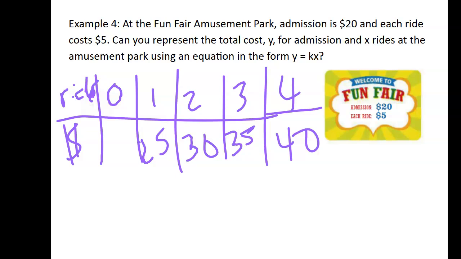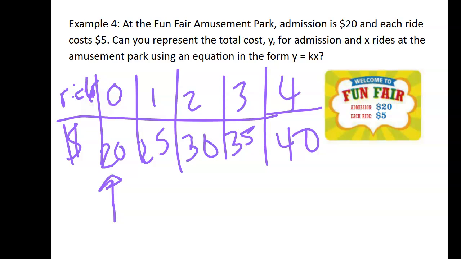Well, normally I would say $0, but in this case, if you go to the Fun Fair amusement park and you just walk in but you don't go on any rides, you had to pay $20 to get in. So this isn't 0.